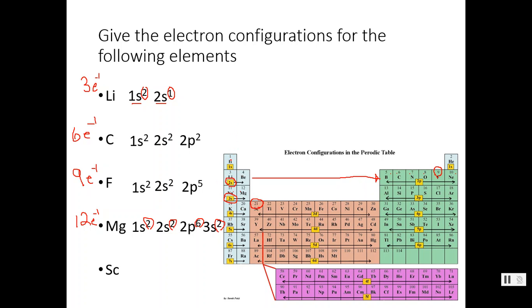So starting at hydrogen: 1s2, 2s2, 2p6, 3s2. If I was to stop at 3s2, that would be magnesium. I'm going to travel over here to my 3p's. How many am I going to place in the 3p's? 1, 2, 3, 4, 5, 6. So I've got 6 in my 3p's. That gives me argon.